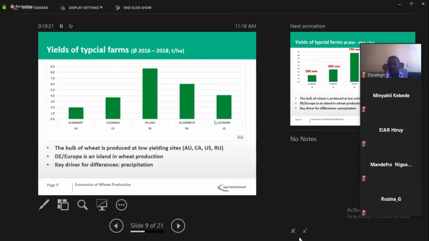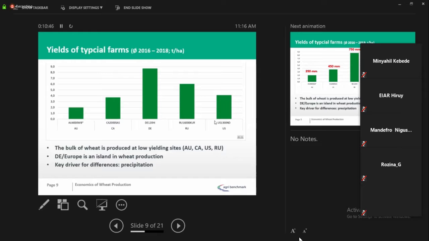So don't confuse that with the national average, because there are still quite a number of very poorly developed farms from the former Soviet Union. But unfortunately, those farms are neither willing nor able to share data with us. So we only have data for the top end of the spectrum of farms in Russia.